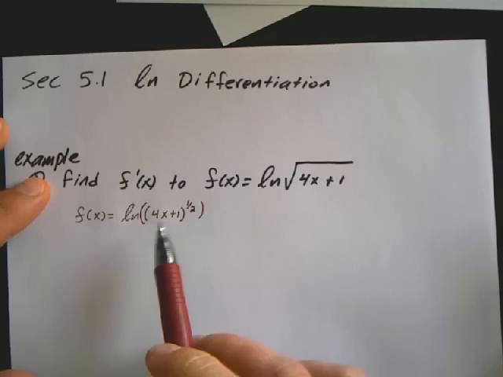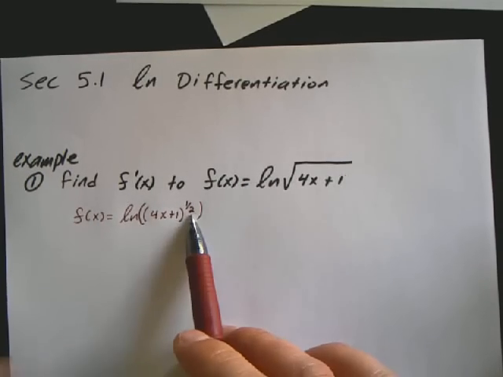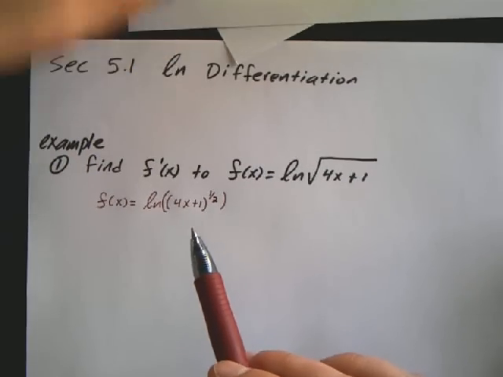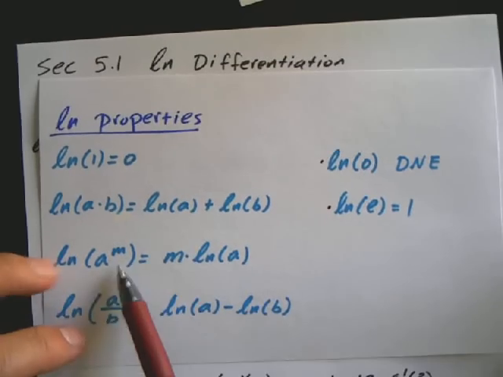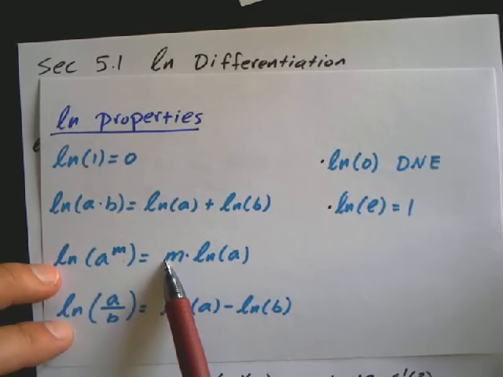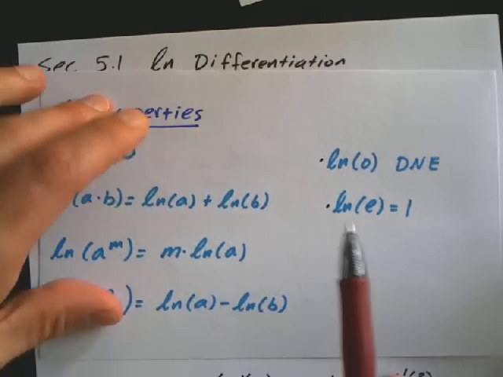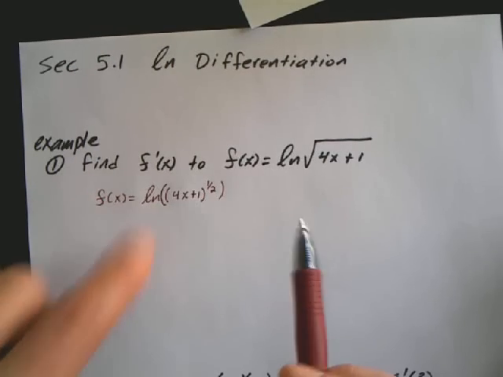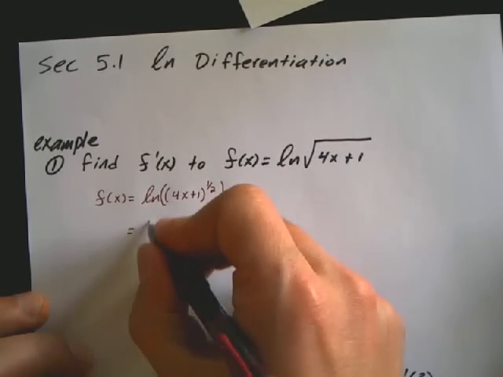So you can think of everything that's inside the radical as all raised to the 1/2. And then the property says that you can drop this exponent in front. So I can drop this 1/2 in front of ln.